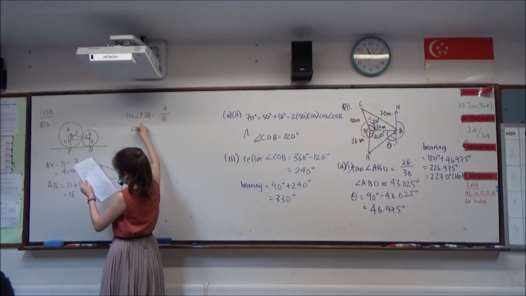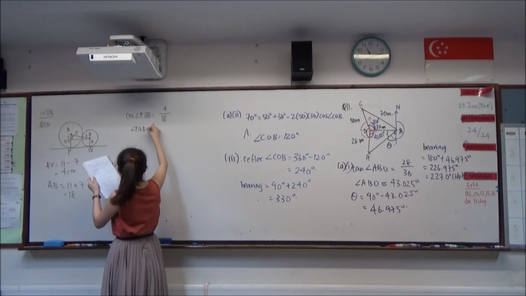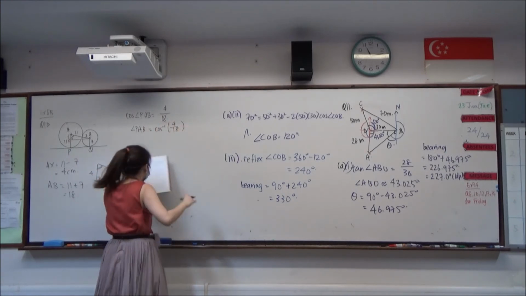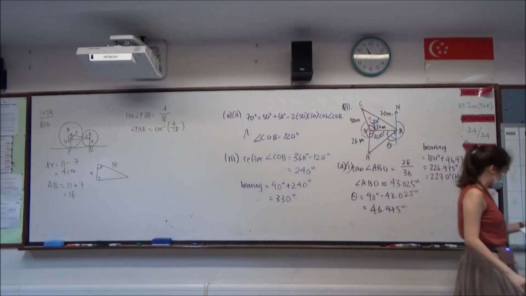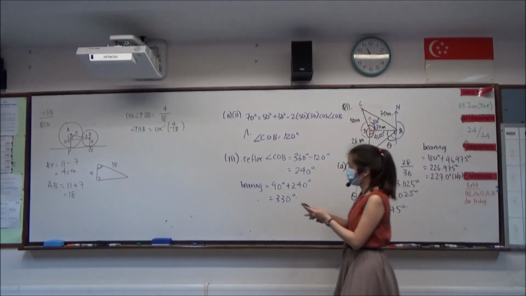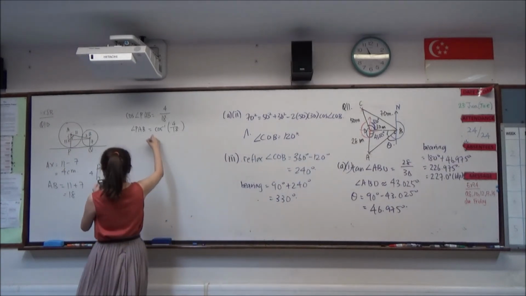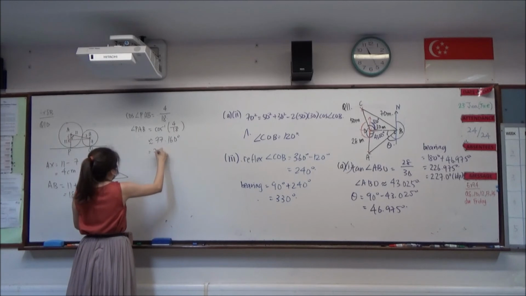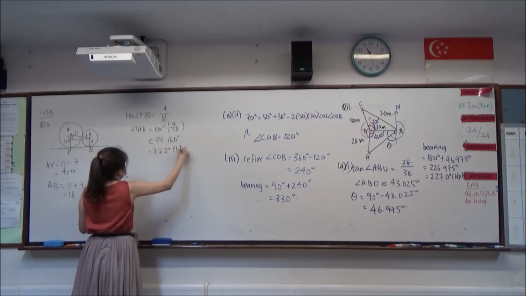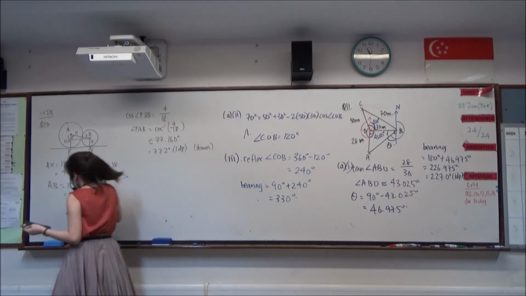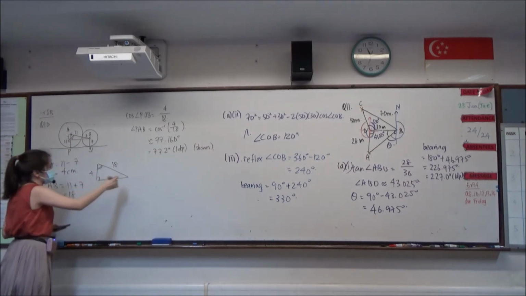So angle PAB would be cosine inverse of it, and we get 77.2 degrees to 1 decimal place. To 5 significant figures it is 77.160. Okay, so this is part A.